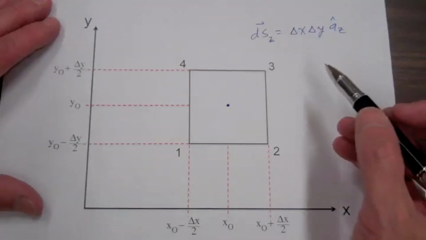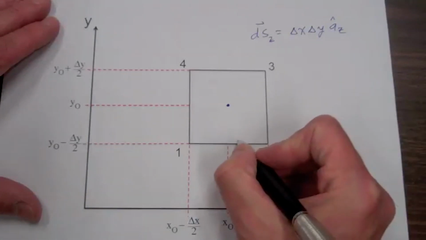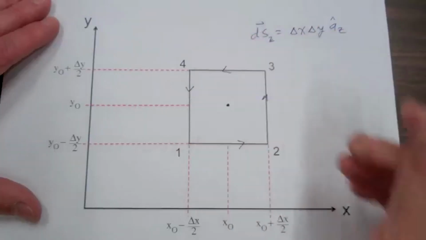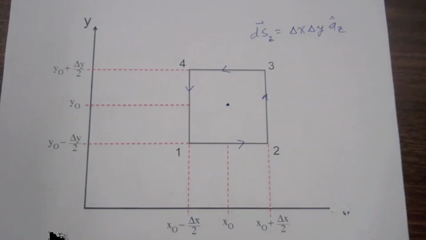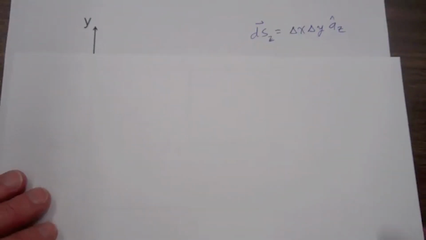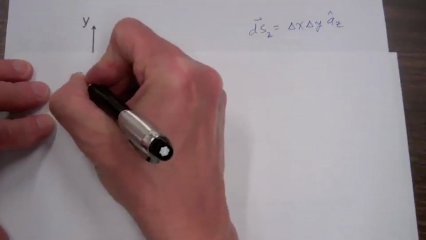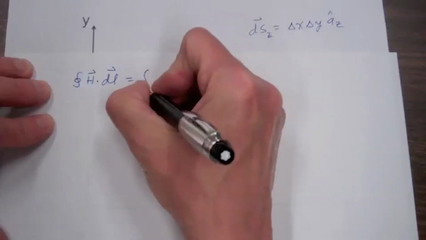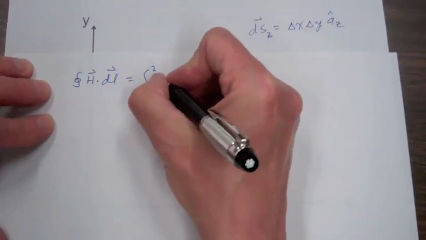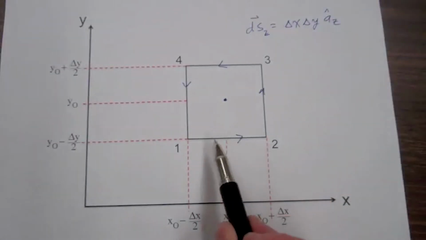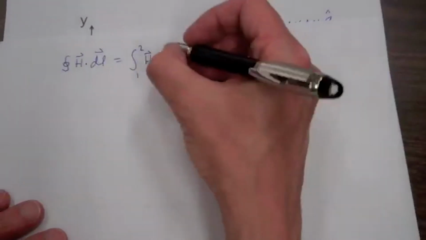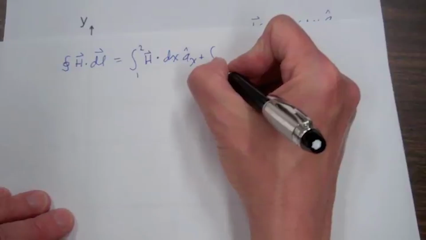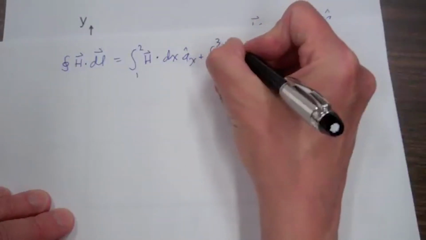Okay, so the first thing we're going to do is integrate H dot dl around this path going from 1 to 2 to 3 to 4 and then back to 1 again. So the integral around our closed path of H dot dl is going to equal the integral from 1 to 2 of H dot dl. And going from 1 to 2, dl is just going to be dx in the x direction, plus the integral from 2 to 3 of H dot dl.